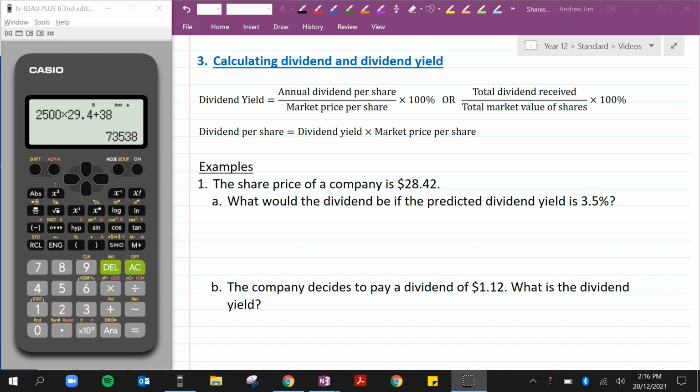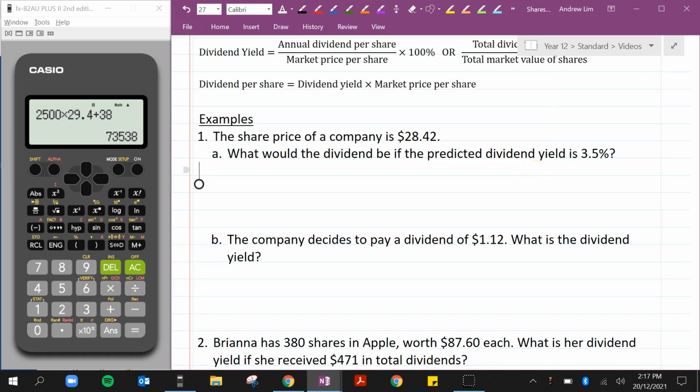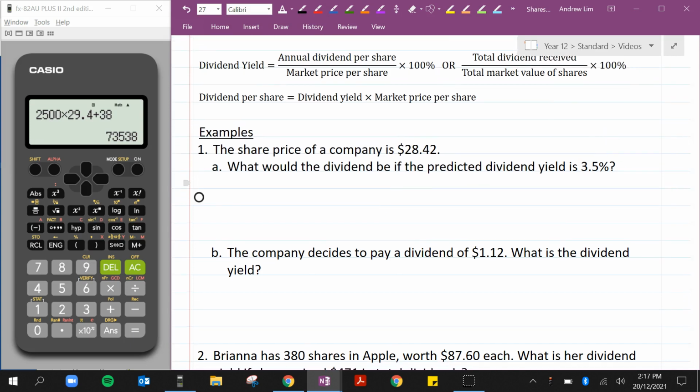If you want to work out the dividend per share, it's the dividend yield times the market price per share. Now, these formulas are not on your formula sheet, so you will need to memorize them. So let's have a look at some examples. Question 1a. The share price of a company is $28.42. What would the dividend be if the predicted dividend yield is 3.5%?